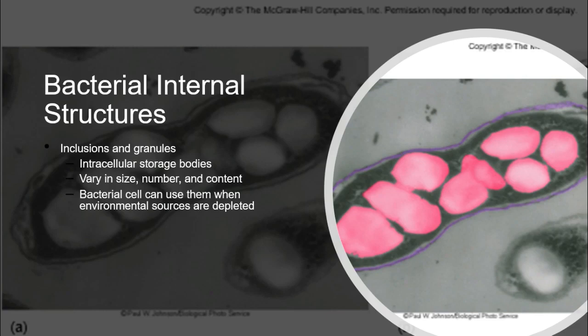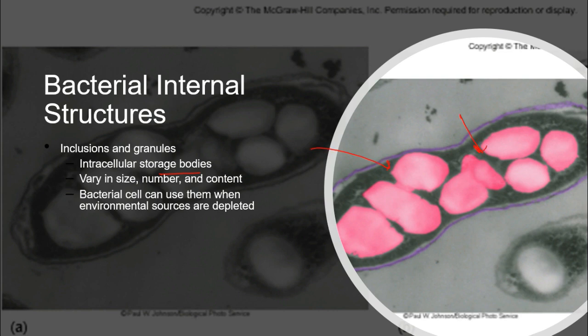The other bacterial internal structures are inclusions and granules, like intracellular storage bodies. They can vary in size, number, and content. A bacterial cell can use them when environmental resources are depleted. So this is also there, but it's very rare.